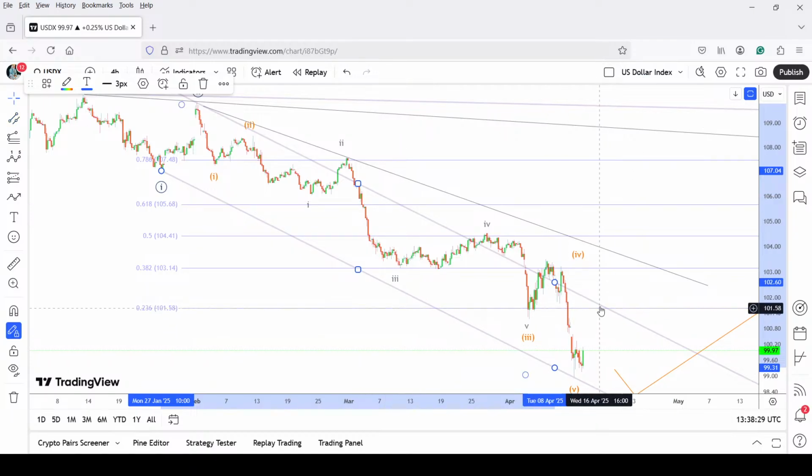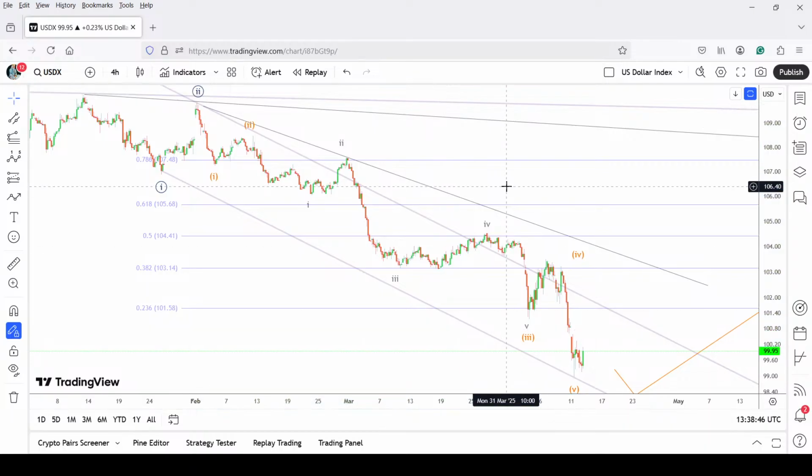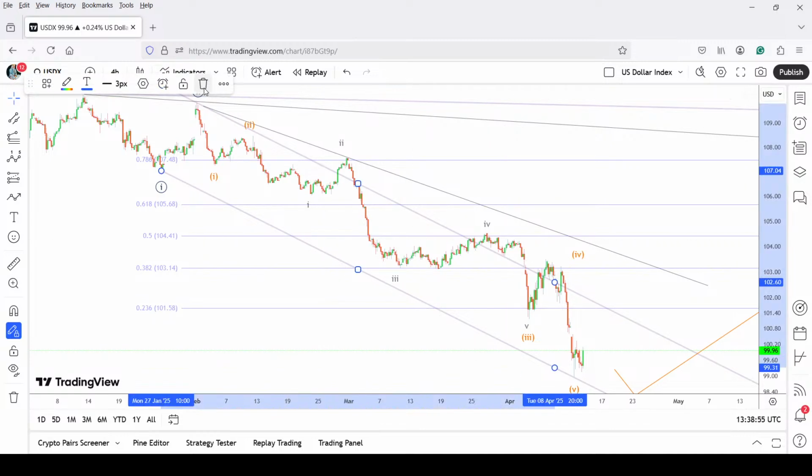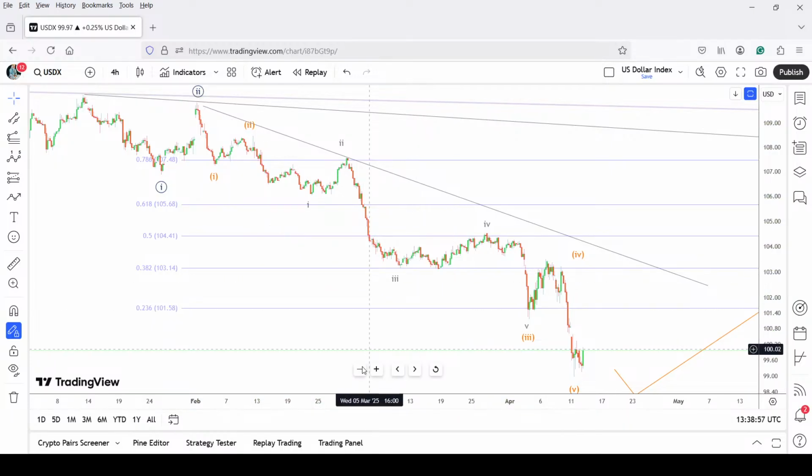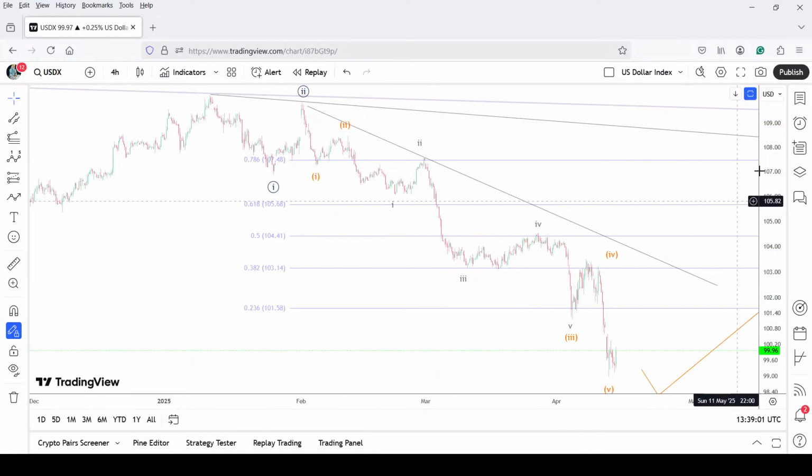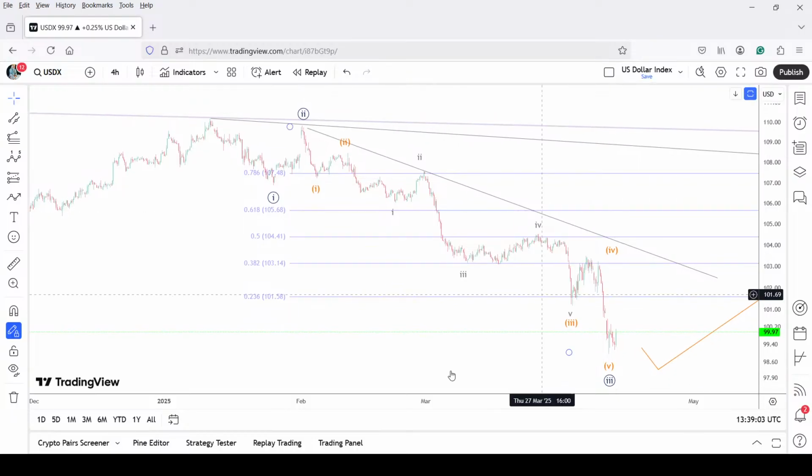So that could be the triangle consolidation zone, or maybe a flat reaching up to 101.50. So that's the price action point of view. The 101.50-60 zone could be the next entry for the US dollar on the south side. Now looking at the wave structure, let me compress a bit and bring up the complete view on the chart.